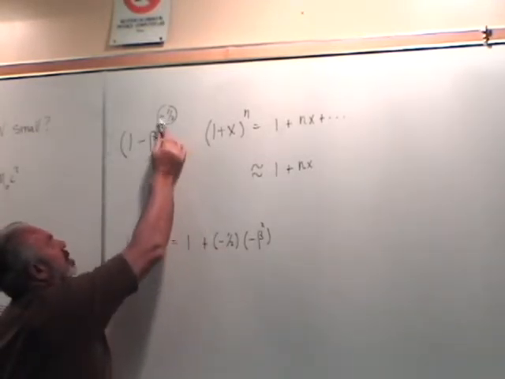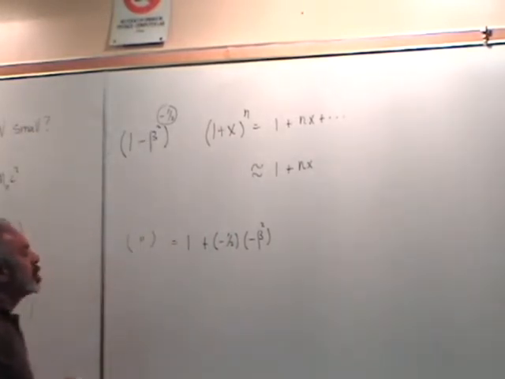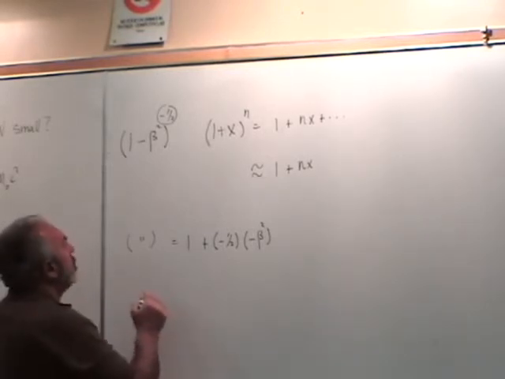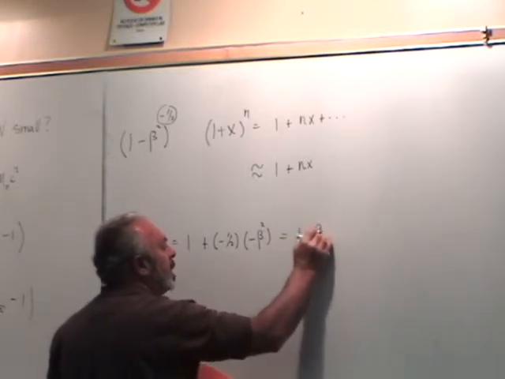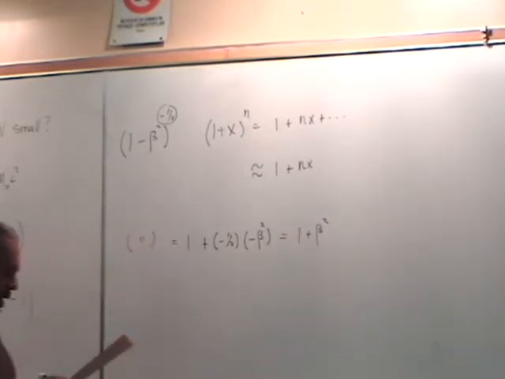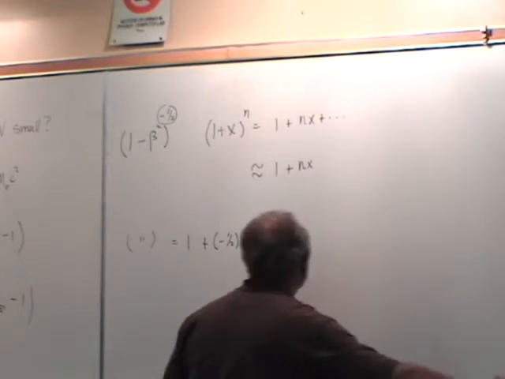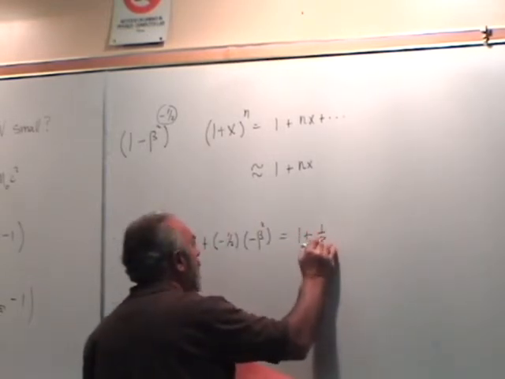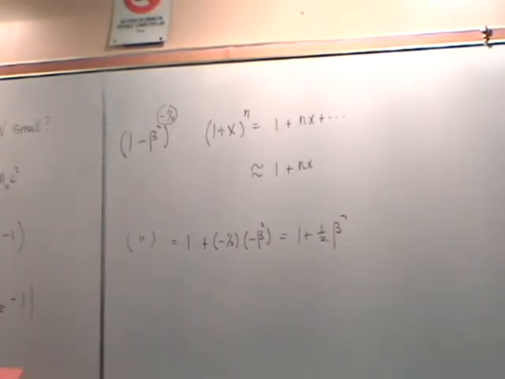I get a negative because that's a negative 1/2 for n, and I get a negative because plus negative beta squared. So this simply becomes 1 plus beta squared, plus 1/2 beta squared. And we can simply insert that right here.